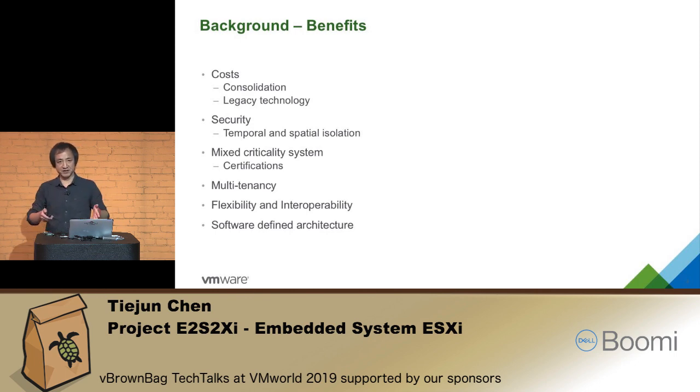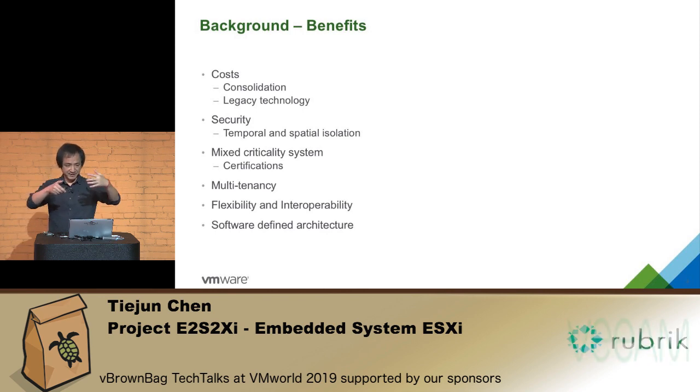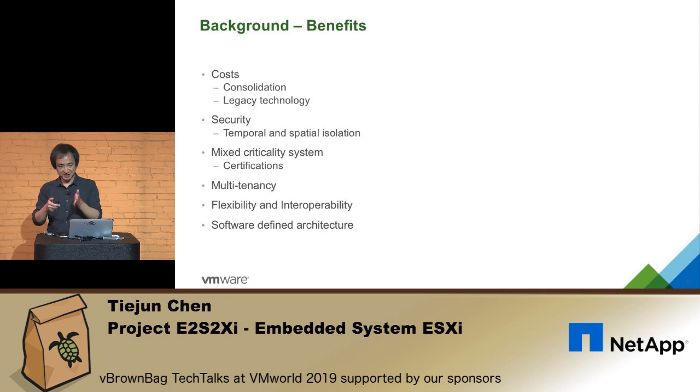Think about this: without virtualization, you have two applications that have to meet different levels. But when you put them in the same software box, these two applications can interfere with each other, so they must be certified to the highest level. Virtualization can provide secure separation. It aims to eliminate such interference.